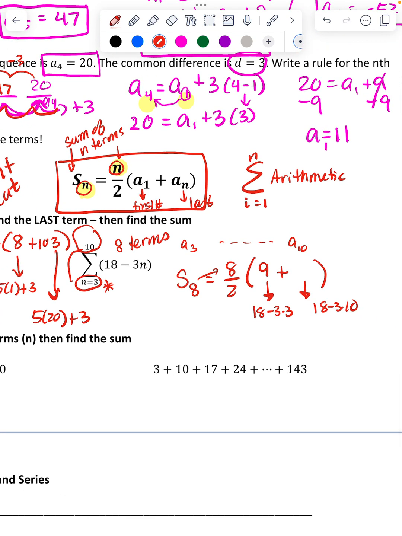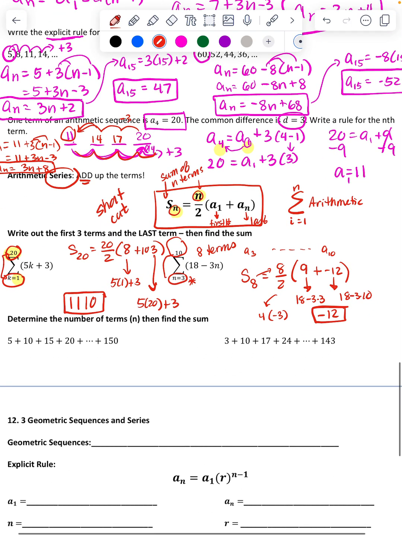So that's going to be a negative 12. So if I put this into my calculator, 8 over 2 is a 4, and 9 minus 12 inside is a negative 3. So I end up with negative 12. So I'm just using the formula.